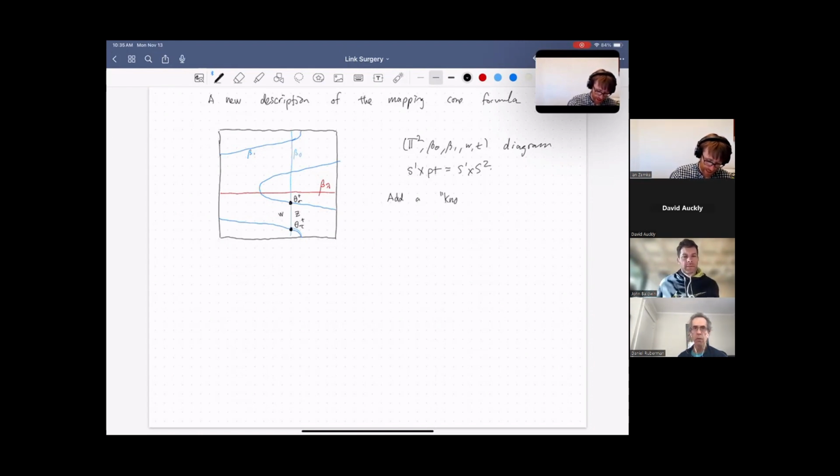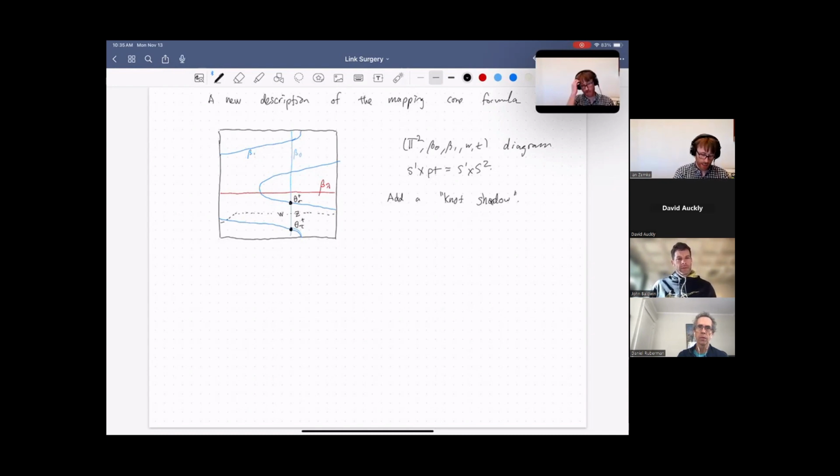What this means is it's just an embedded curve on the surface that represents this knot, this S1 times a point in S1 times S2, for example. Basically it's just going to go through the betas and avoid the alphas. So let's draw it like this. Okay, so I need to add a knot shadow. It's not a Lagrangian, it's just some curve on the surface.